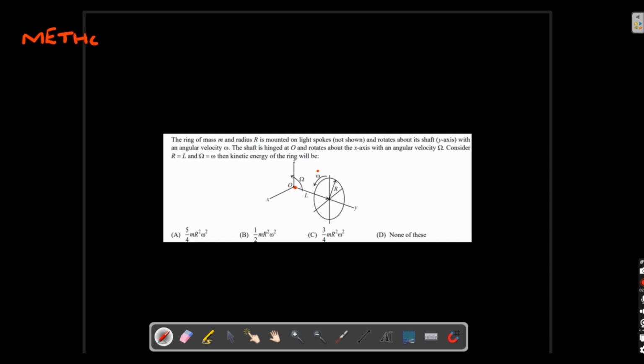Concentrate while I'm solving this, because multi-axis rotation is tough to visualize, but once you have understood what I said, it will become easy. Multi-axis rotation, method one.